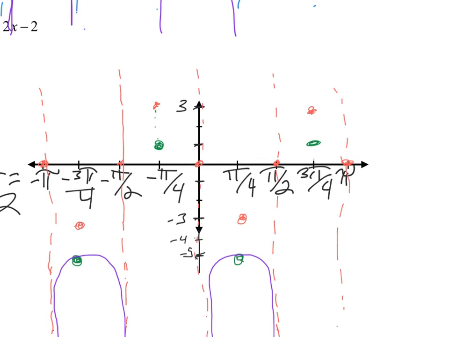Okay. Up here, oops, it's not a square line like that. Silly me. All right. There we go. That is your cosecant graph.